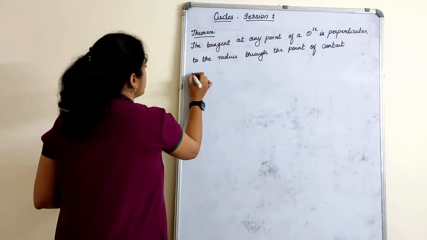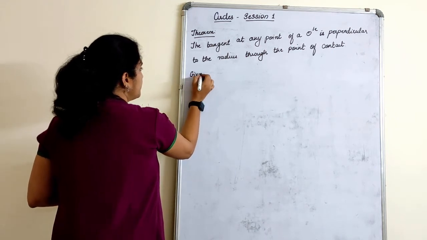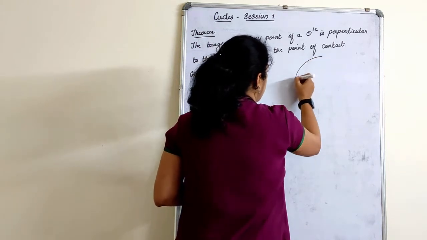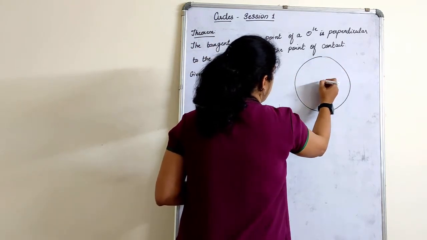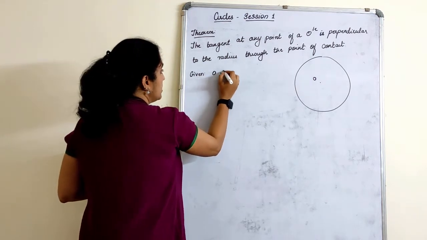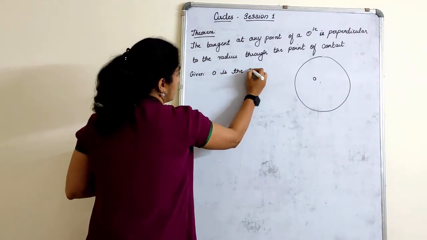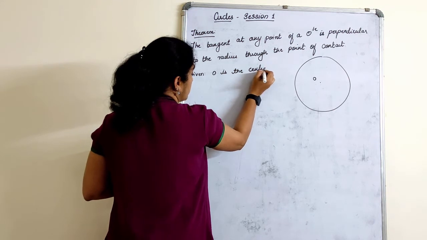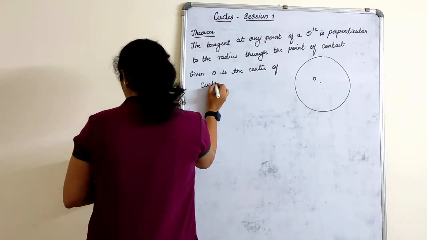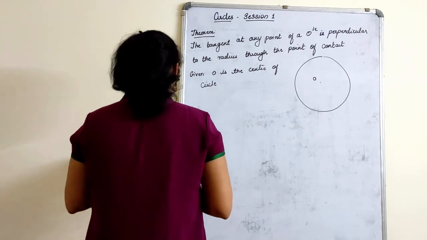Okay, so always remember here the first thing should always be: O is the center of circle. That should always be the first given whenever we talk about a circle. O is the center of circle, right?